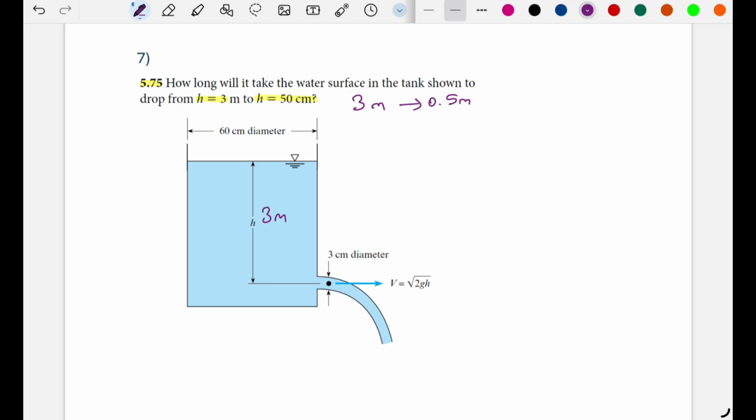To do that, again, we are going to start with the continuity equation, because this problem involves time and a defined initial state and a final state. So applying the continuity principle will be helpful for our case.